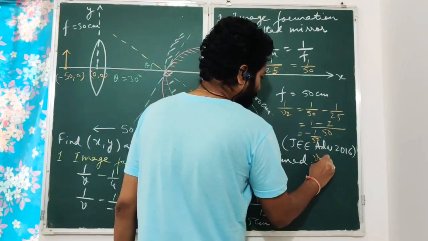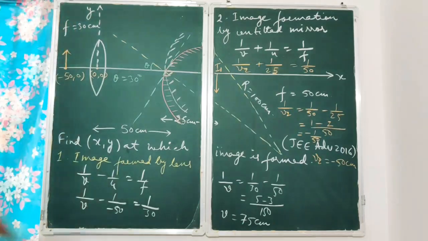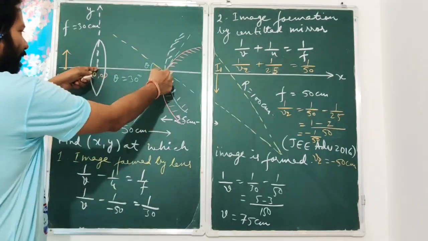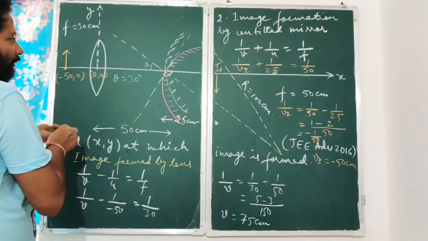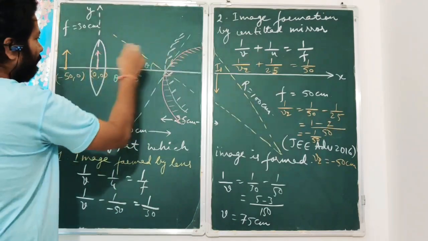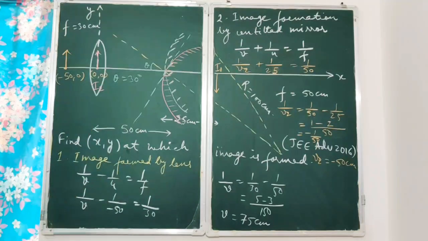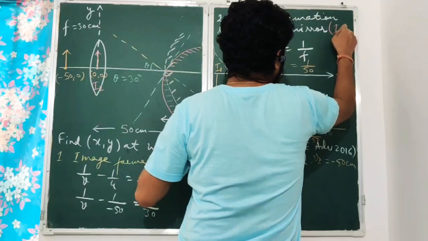So that means V2 we are getting it as minus of 50 centimeter. So from this pole or vertex minus 50, again this distance is 50. So that means where is the image getting formed? This is your I2, position of I2. That is image formation by untilted mirror, I2.